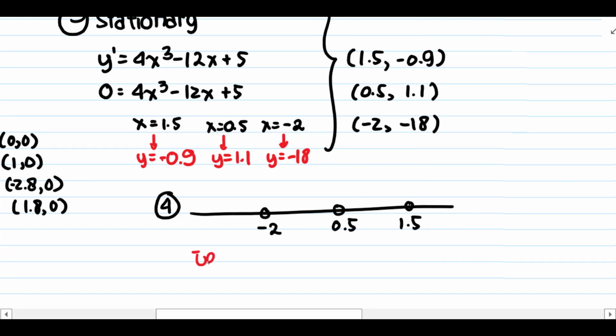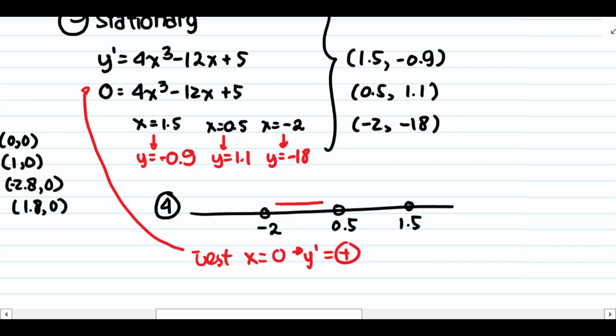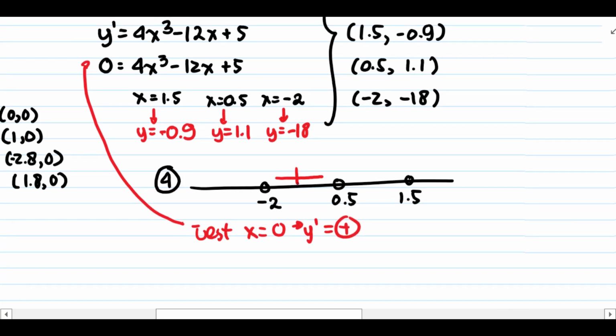As usual, we have to test. We have to test x equals 0. I will put it into y'. The y' will be positive 5. So this area around 0 will be positive, and then moving to the other area, it will become negative.